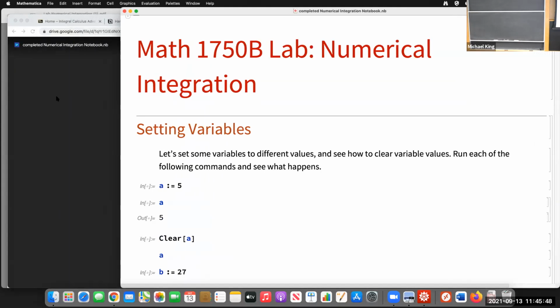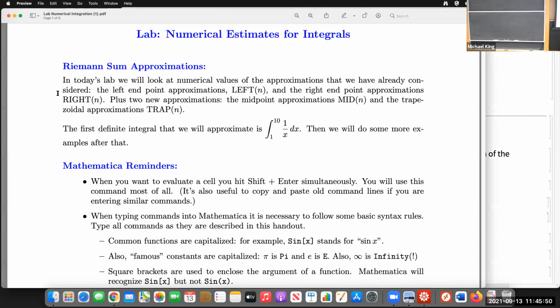So here's the lab, and what we were doing, if you remember in lab, was we were trying to approximate that integral that's on the screen right there, the integral from 1 to 10 of 1 over x. But we were trying to approximate it numerically.